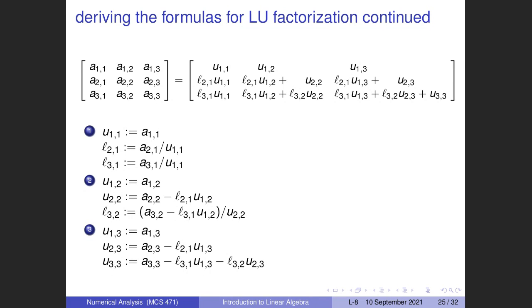But notice that if you know U11, and U11 is just a copy, then the numbers L21, L31 are just obtained by division. And you can see how the column-wise computation of this LU factorization makes a lot of sense. If you think about this in the equation way, it is not making that much sense. But from an algorithmic perspective, with the matrix notation, it makes a lot of sense to see it that way.